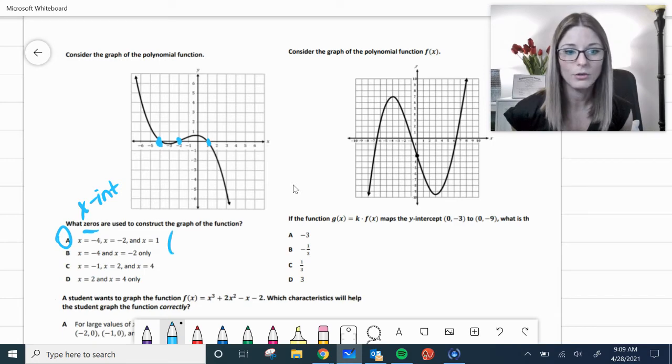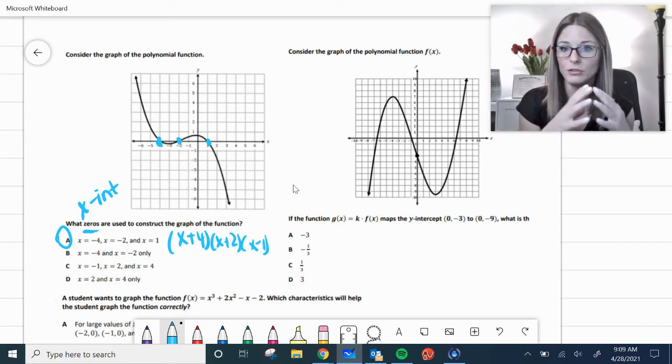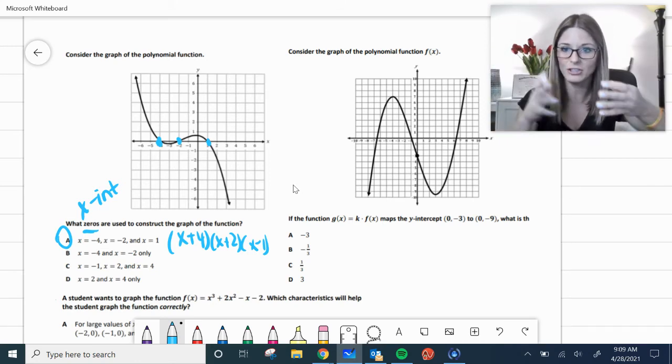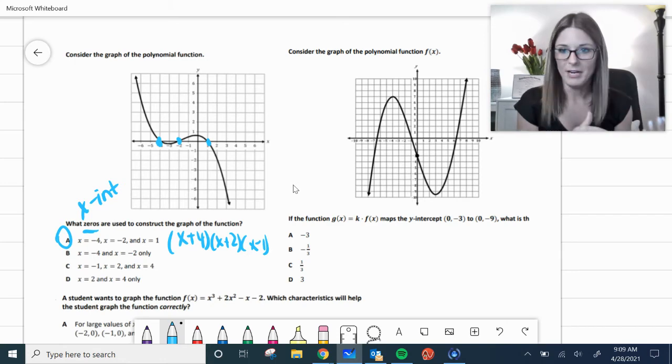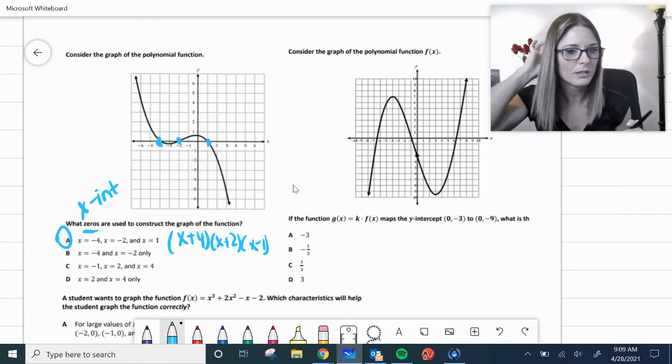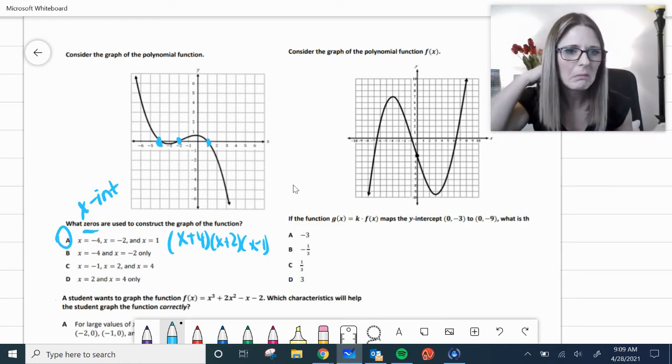Now, the factored form would be x plus 4, x plus 2, and x minus 1. If I had my polynomial equation and then I factored it down into the binomials, then when I set each binomial equal to 0 and solve it, those are the x-intercepts. Cool? And then 2 and 4 only.